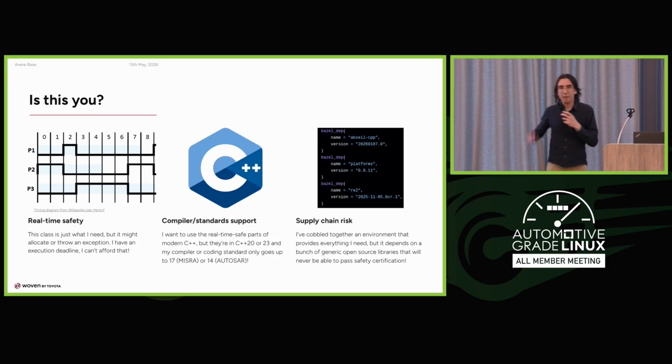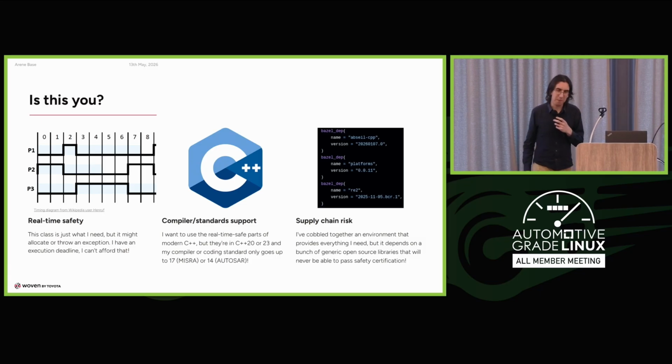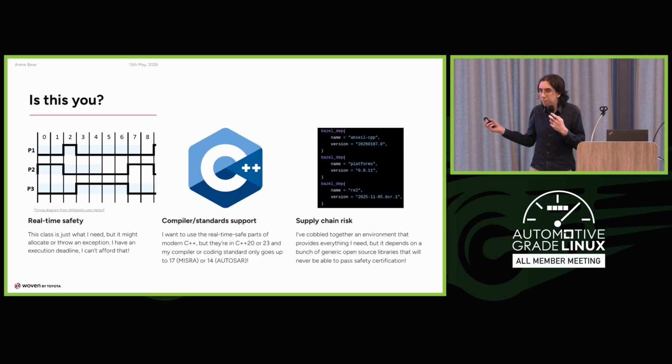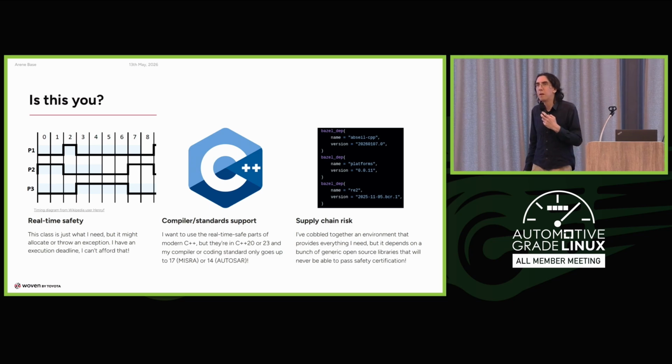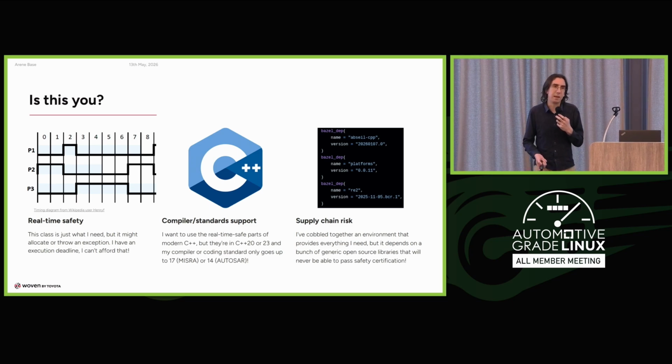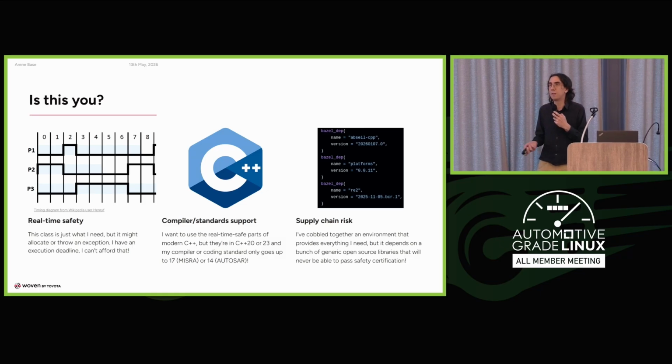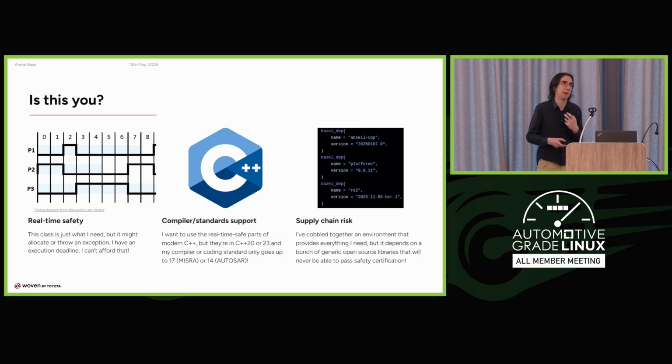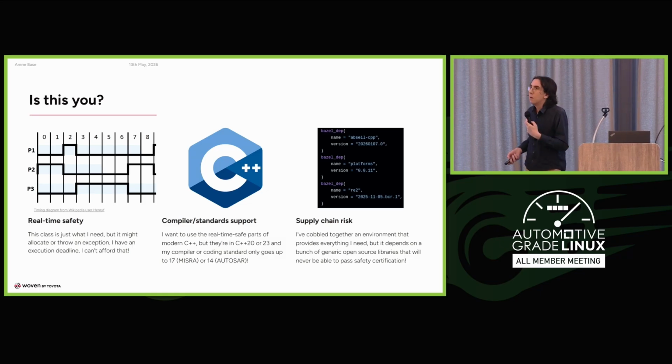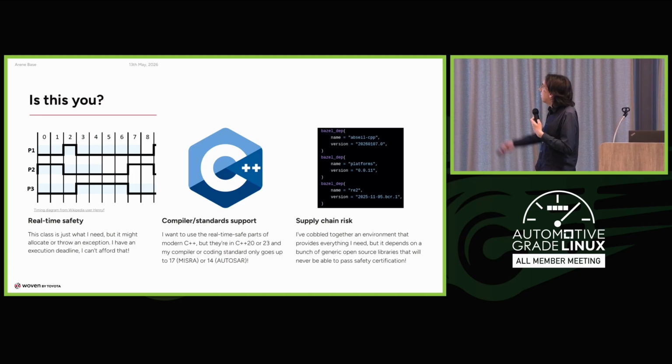Furthermore, you may have supply chain problems. If you are trying to pull in random open source projects, those may not have the standards of testing and certifiability that we expect from something like AGL. So you might not be able to get those to pass certification.